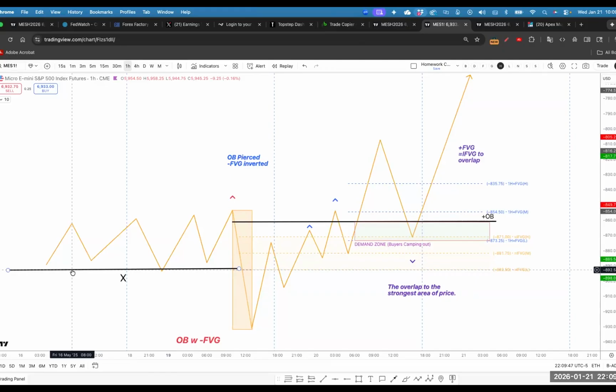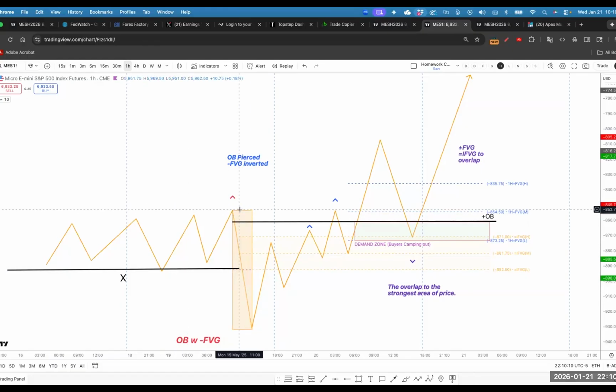You want to look for these equal lows or a swing low, which is a single low that's just sitting by itself. And you want to see some highs being made over here, whatever the case. It ain't got to be nothing special.